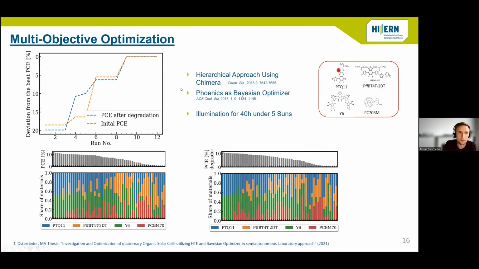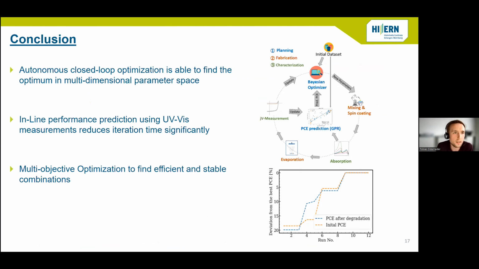So in conclusion, we can say we built an autonomous closed loop optimization, which is able to find the optimum of full organic solar cell devices without any human interaction. Also, our inline prediction helps to reduce the time of one iteration, so we can run more iterations in one day.